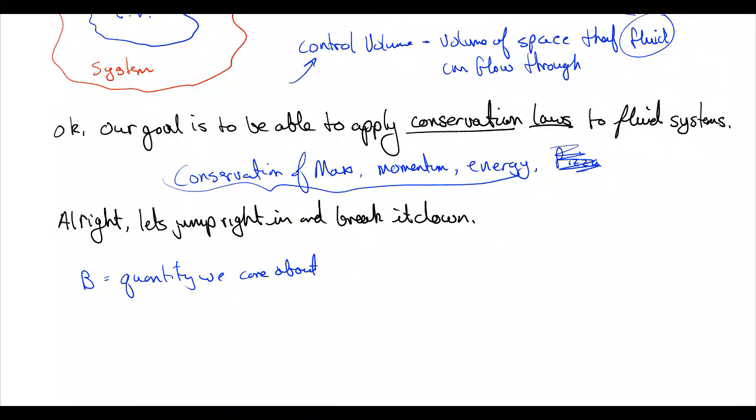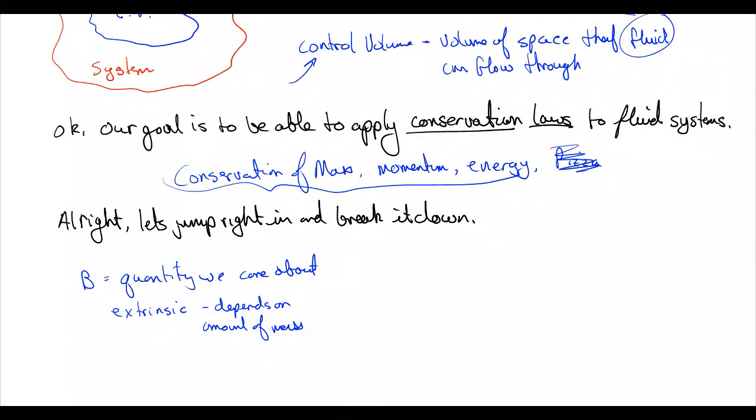So let's say we care about the amount of energy in a system. The temperature of an object times its specific heat times the amount of mass tells us the amount of energy that is in that object, right?